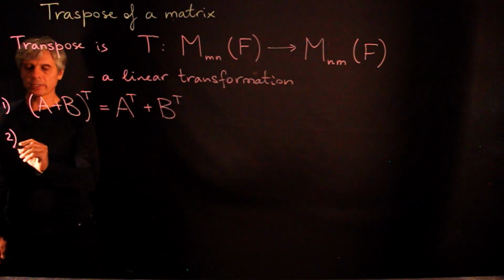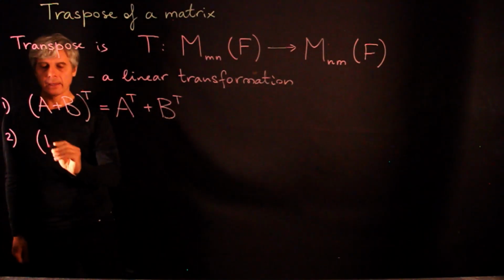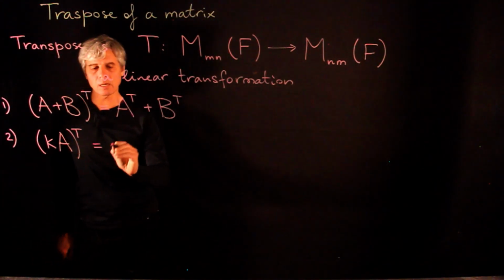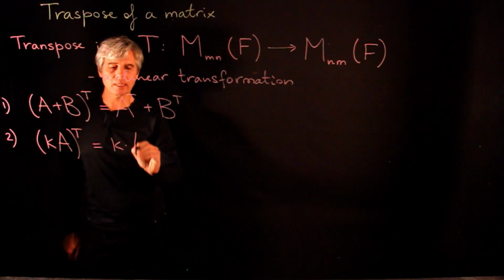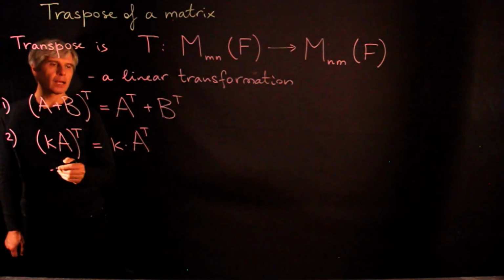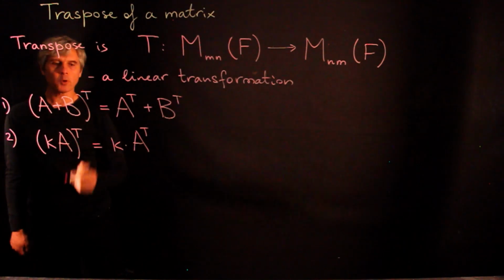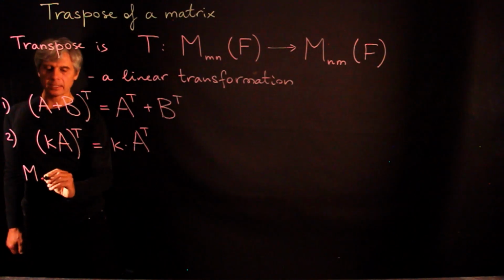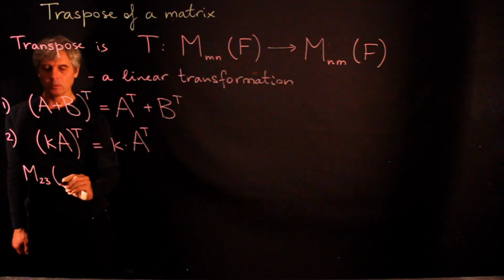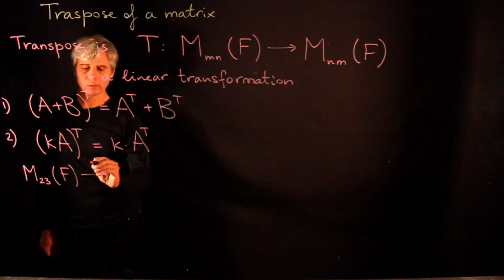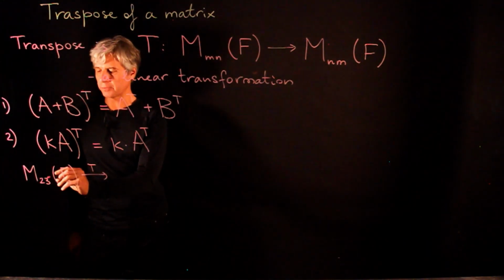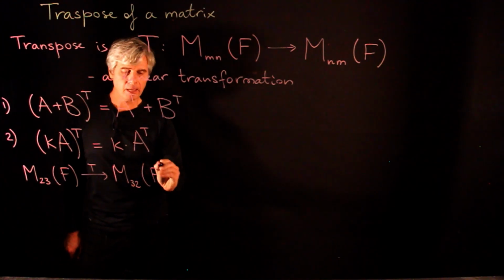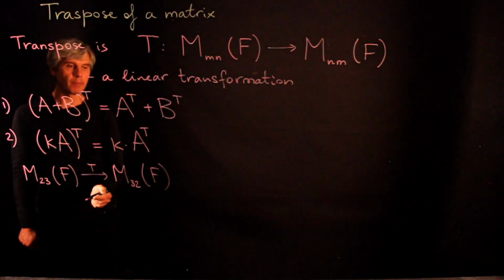And the second property is that if we multiply a matrix by a scalar, then the transpose of this is equal to k times the transpose of matrix A. I'm going to prove the first property for the specific size, let's take 2 by 3 matrices over the field F, right? And so let's consider the transformation of 2 by 3 matrices into 3 by 2 matrices. And the general case is exactly the same.